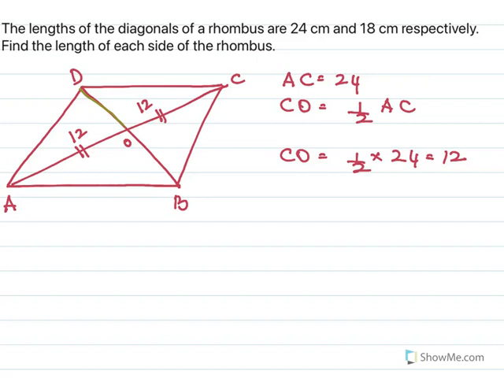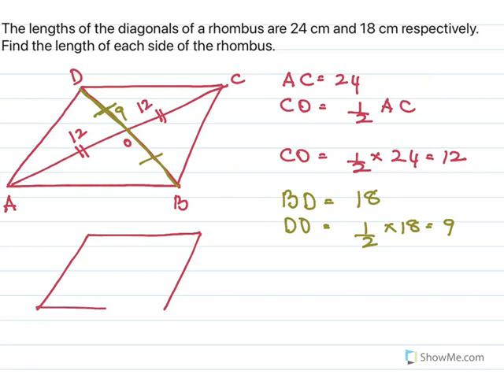And on the other side we have DB or BD equal to 18. Therefore DO will be half of 18, which is equal to 9. So this is our DO. These are equal. So this is equal to 9. So let me draw the figure again.